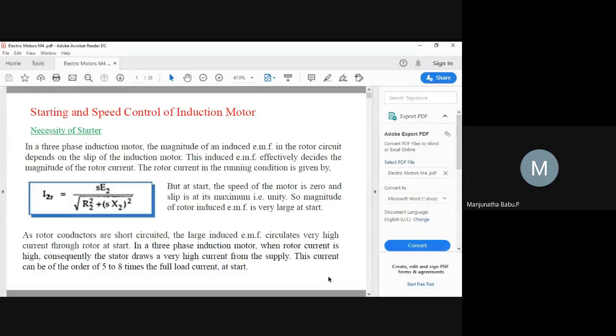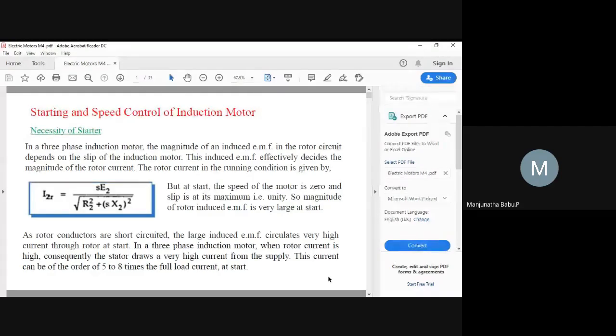While coming to the starting, there are various methods of starting the induction motor. Why do we have to go for the various methods? What is the necessity of the starter? Generally, for the power equation, power will be equal to root 3 VL IL cos phi.